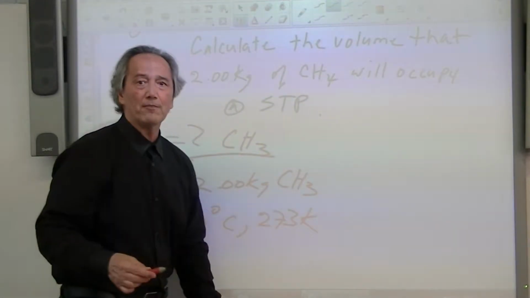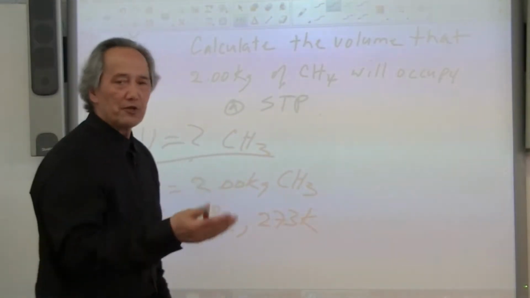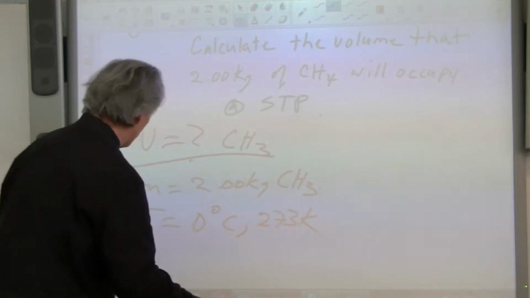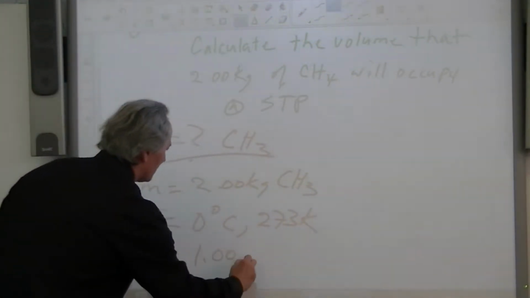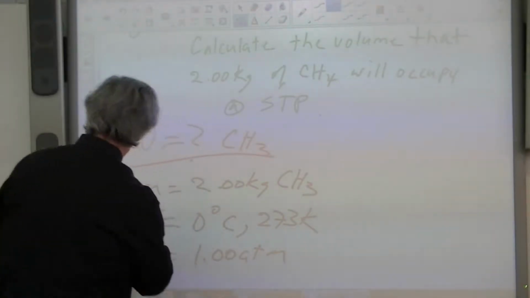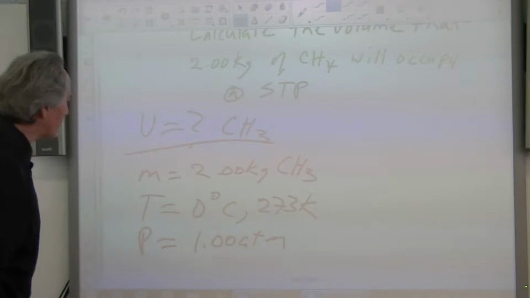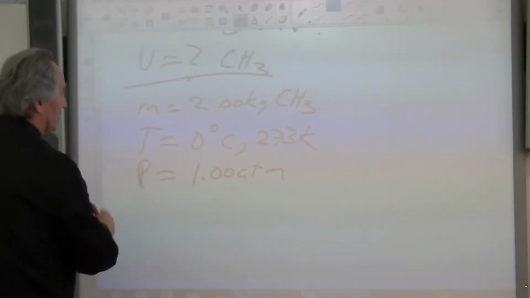Now note, in these problems, temperature must be in Kelvin, not in Celsius. So if you're given Celsius, convert Celsius to Kelvin by adding 273. We're also given the standard pressure, which in fact is 1.00 atm. Okay, and that is about all the information that we need. So let me scroll that up again so we have a little room to work with this.